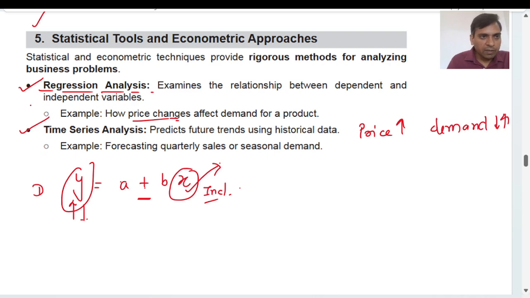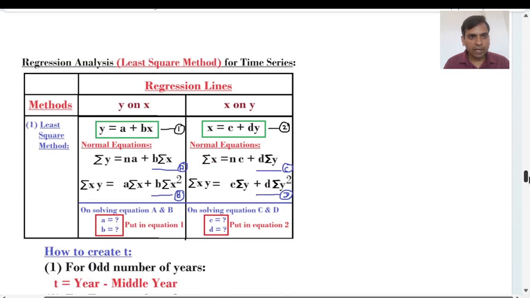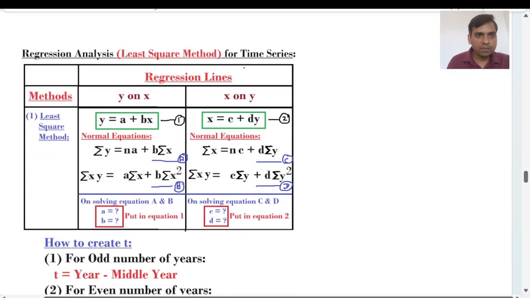Okay, parallelly with this, we will see the concept of time series analysis for forecasting sales or demand. So we have one numerical example. This is basically designed for time series analysis. But before studying time series analysis, we will see the concept of regression analysis.